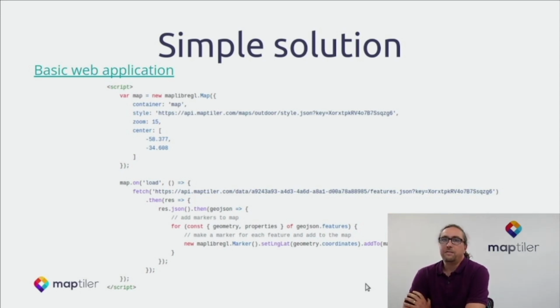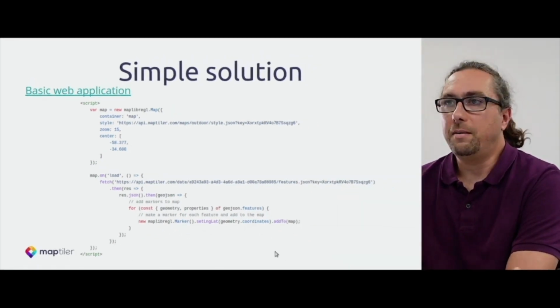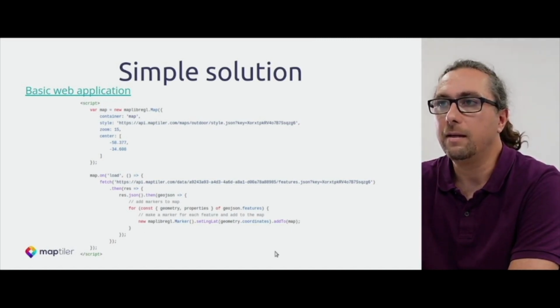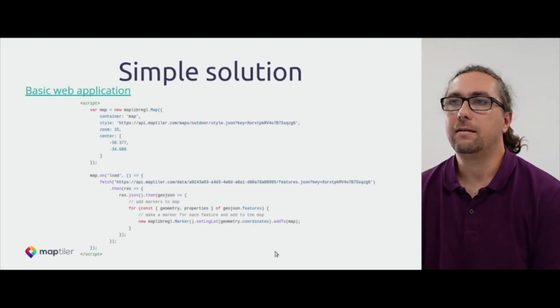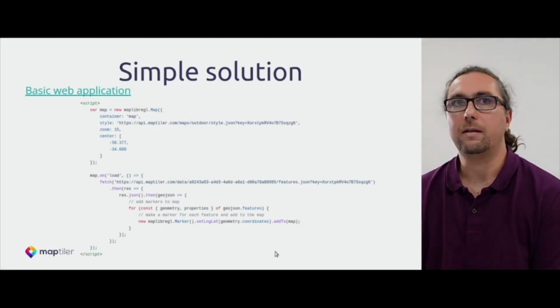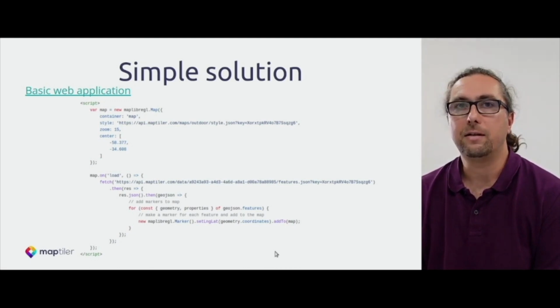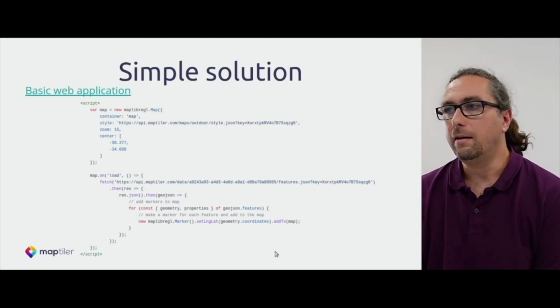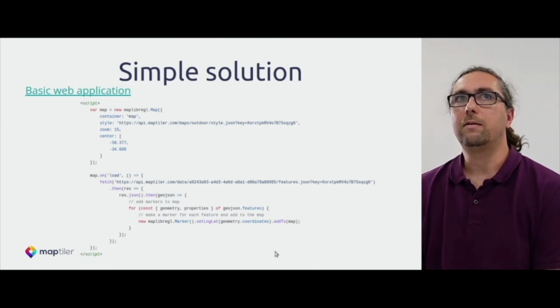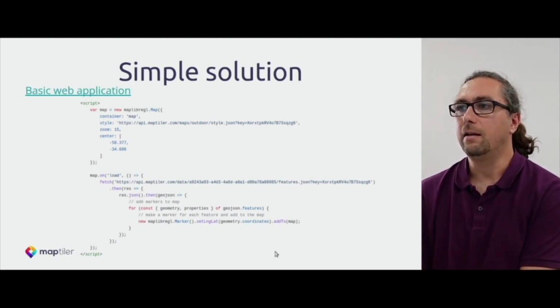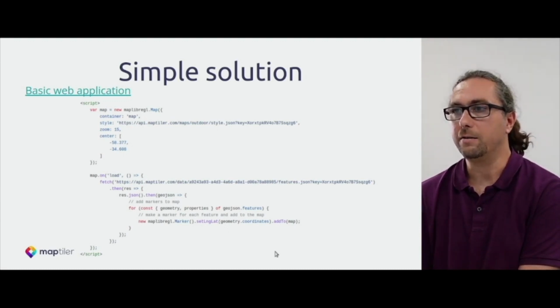So if you would start working on an application like that, you would probably start by using your basemap provider, and you would initialize the map viewer. So, as you can see on this sample here, you would tell the map viewer to load a standard predefined style, and then you would probably load points of interest from, for example, a GeoJSON data source or any other JSON source.